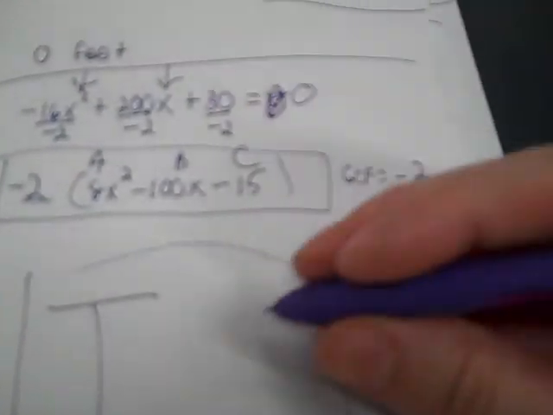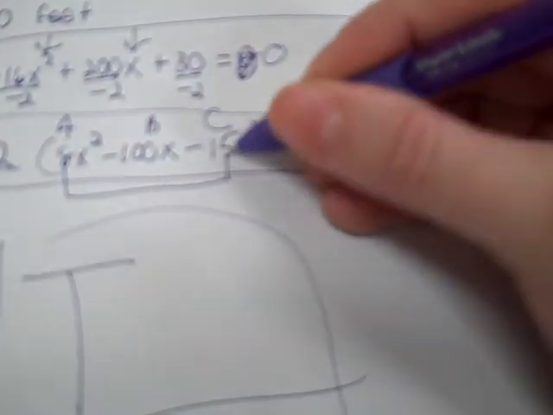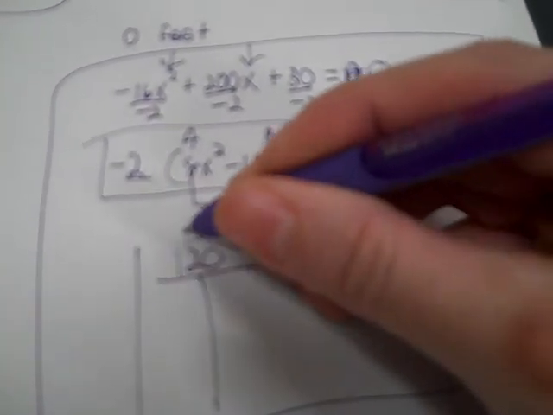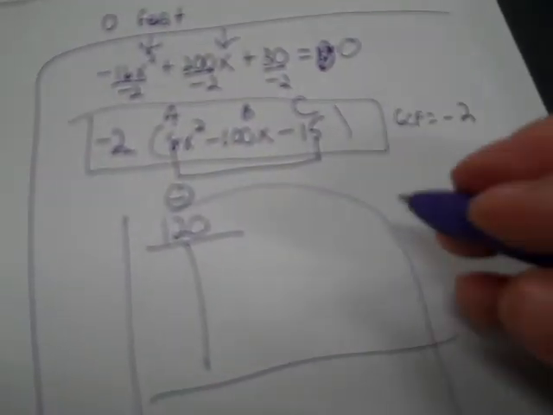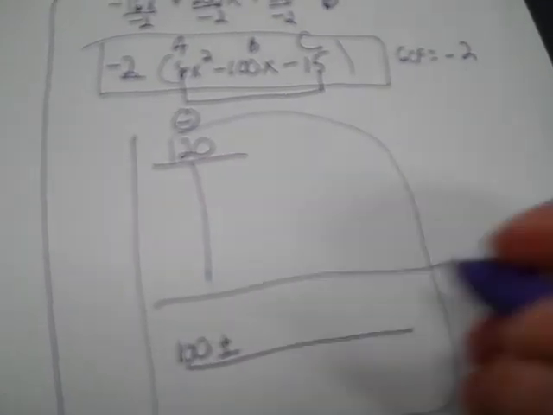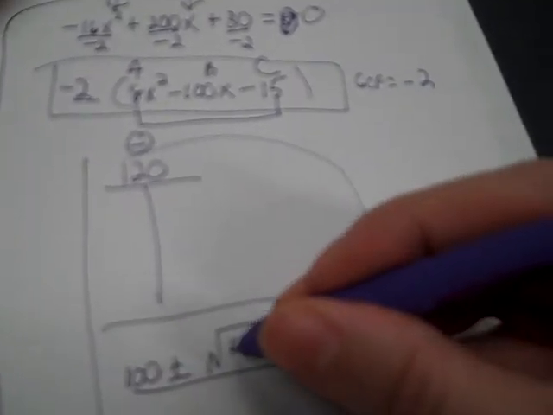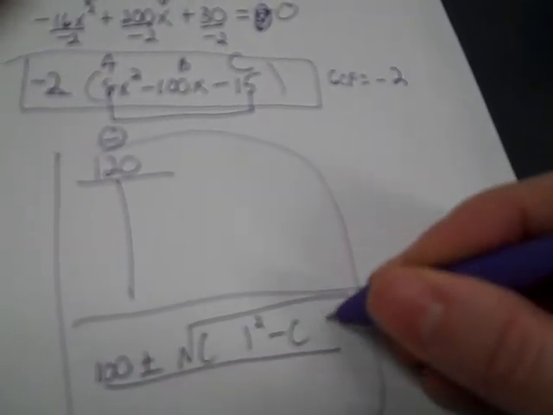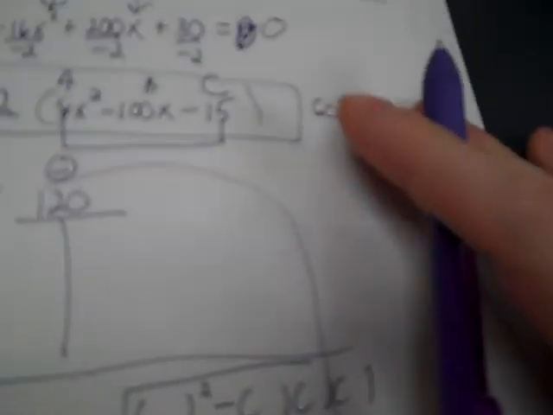Okay, so I'm going to take a times c, so it's going to be 8 times negative 15, and that's negative 120. I really don't like doing T-charts with numbers in the hundreds, so I'm just going to skip that and do my quadratic formula. So the opposite of b is positive 100, square root, parentheses second, minus these 3 parentheses here.